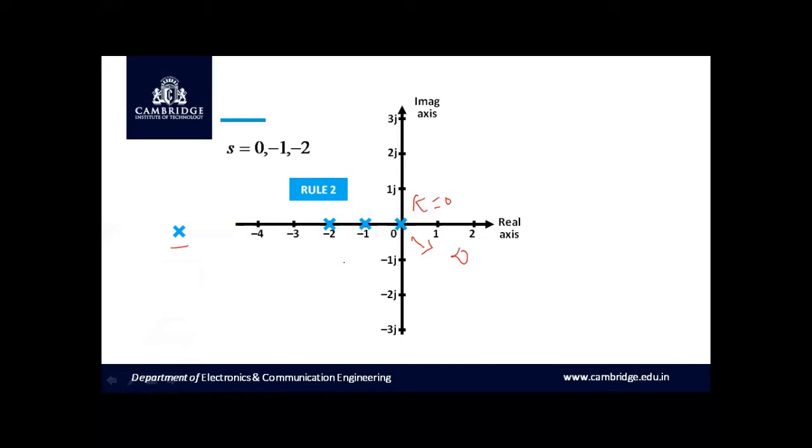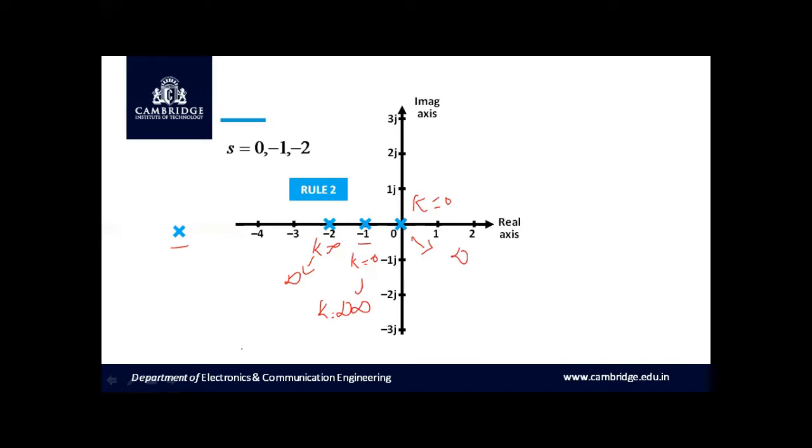And for the pole at s is equal to -1, it remains at -1 at k is equal to 0 and it reaches infinity when k reaches infinity. Similarly, for the pole at s is equal to -2, it will be at this location when k is equal to 0. And when you keep on varying the value of k, it reaches infinity when k approaches infinity. So all the three branches originating from these three poles will be terminating at infinity.